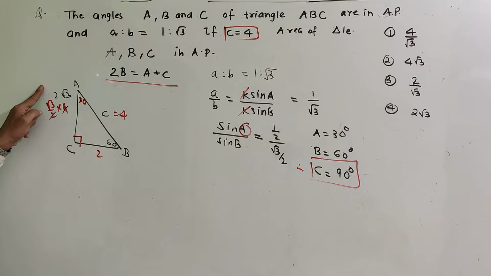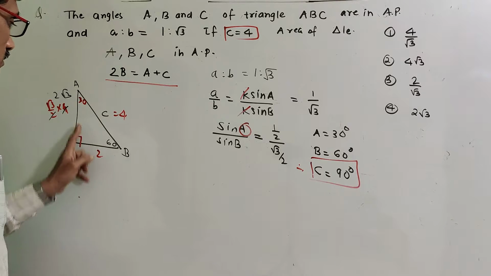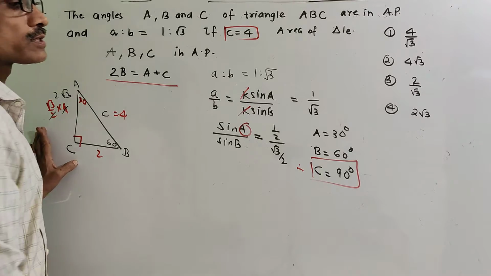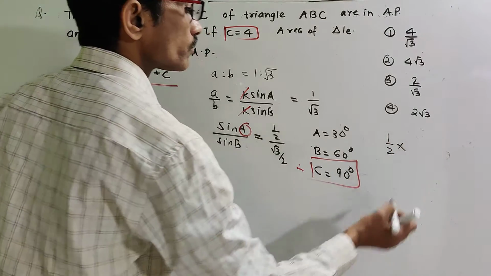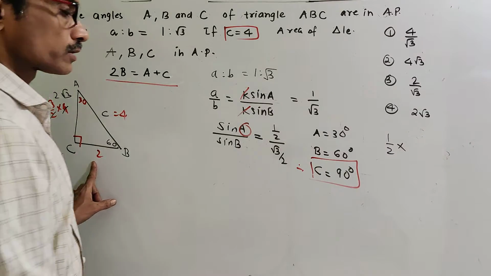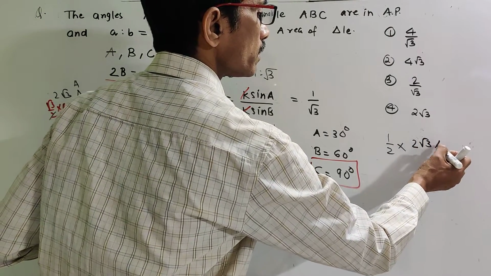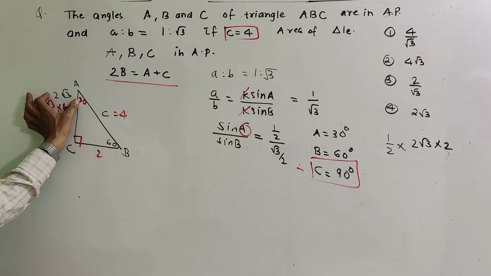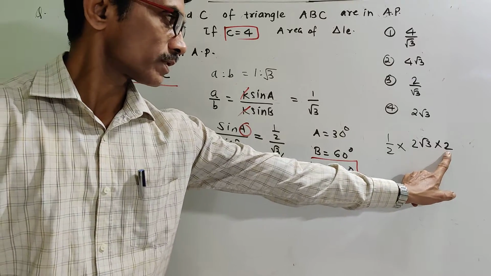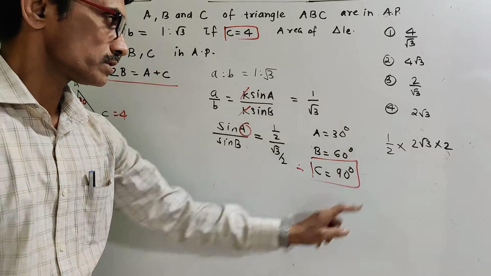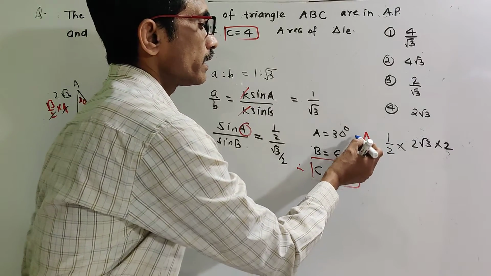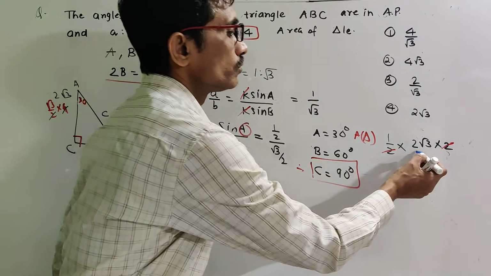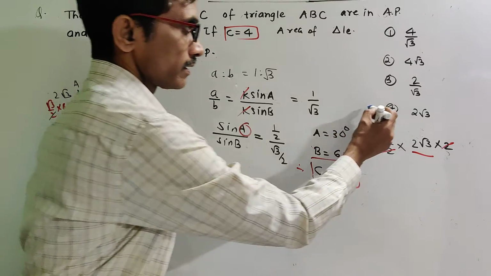So side b is 2 root 3 and side a is 2. The area of this triangle is given by 1 by 2 times the product of the perpendicular sides, one side is 2 and the other side is 2 root 3. The 2 gets cancelled and the area of the triangle we get is 2 root 3. So the area of the triangle is 2 root 3.